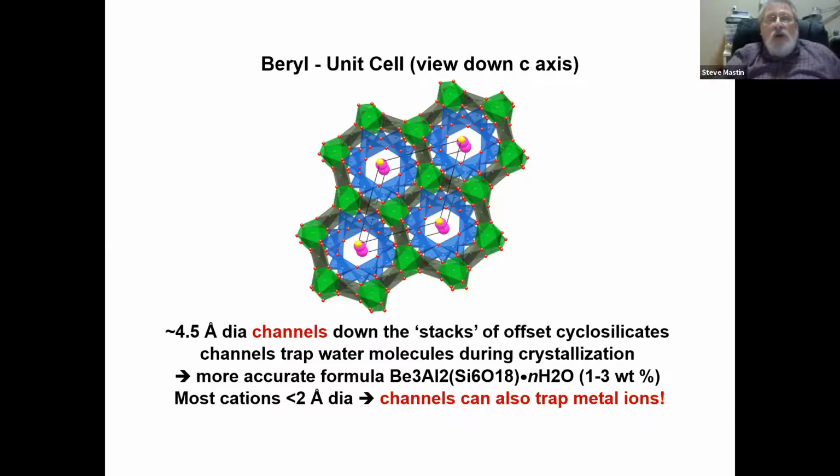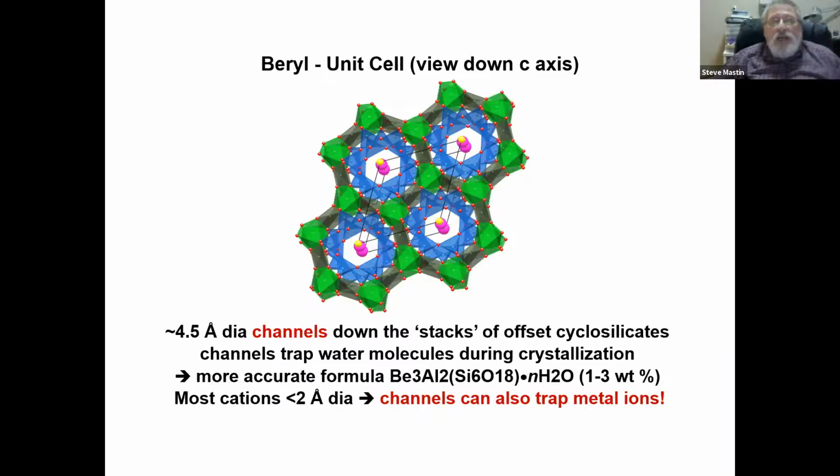And so those rings loop together, and you've got two other kinds of molecules or atoms besides the beryl ring around the outside, but what you end up with is stacks of these rings on top of each other. And inside is a channel, and a pretty big one, almost 5 angstroms in diameter.